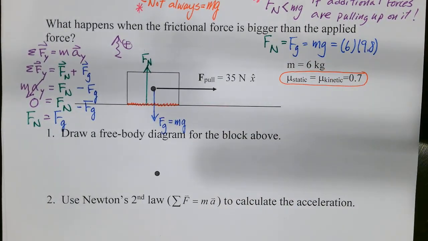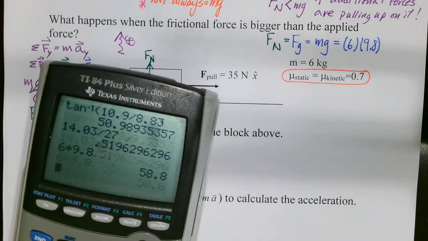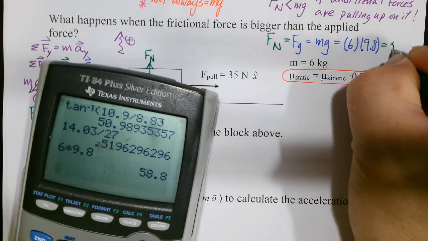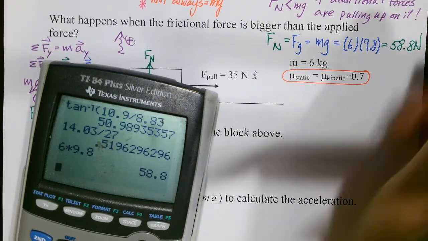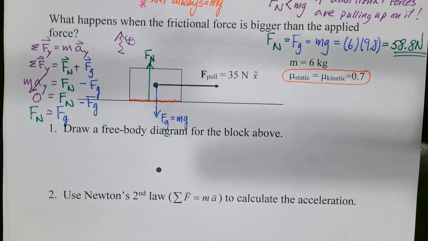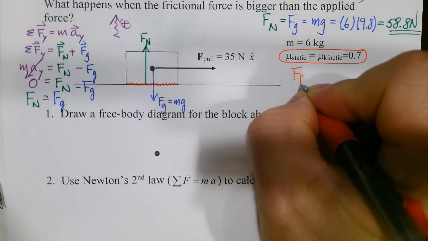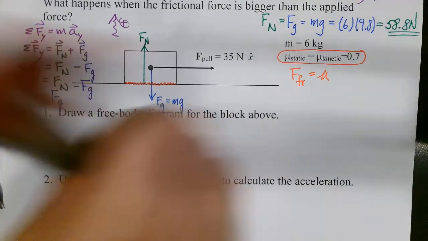So what is that, John? 6 times 9.8, and I get 58.8 newtons. So that is 58.8 newtons for my F normal and for my Fg. Therefore, when I calculate my friction, it is equal to mu times F normal.